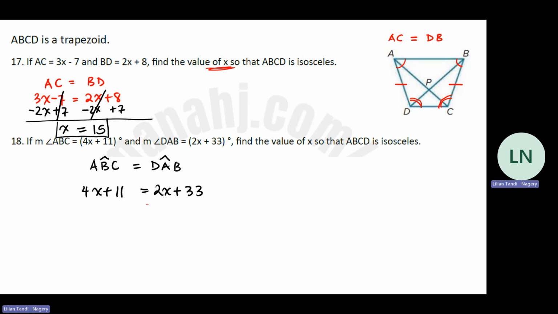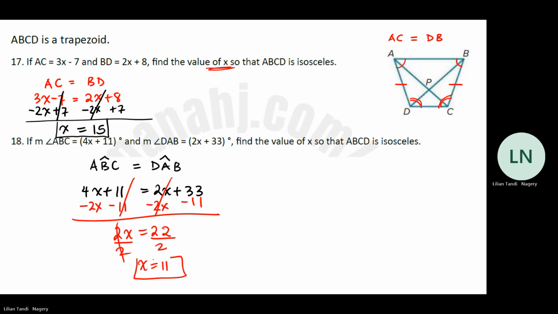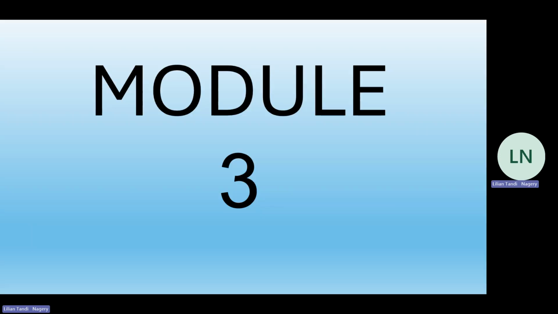Okay? Minus 2x, minus 2x, minus 11, minus 11. This goes and this goes. 2x is equal to 22. Divide by 2, divide by 2. X equals 11. That's your answer. So let's go to module 3.